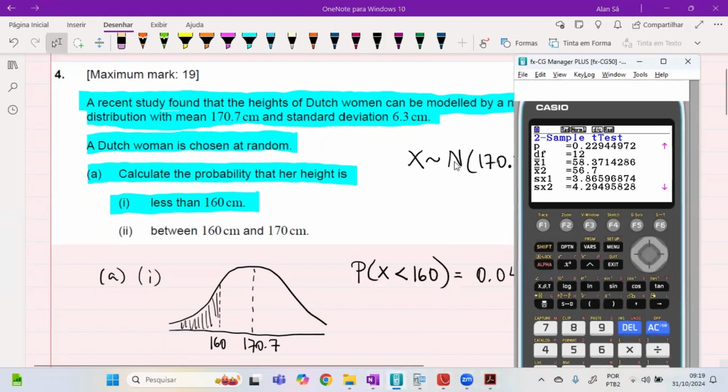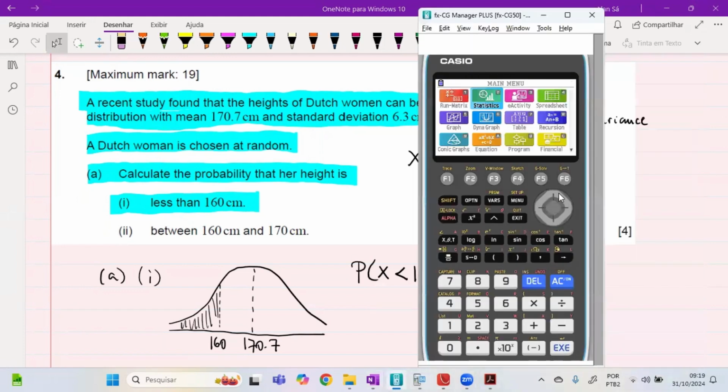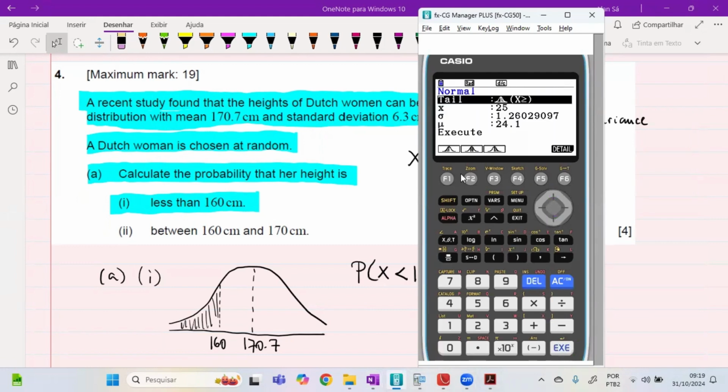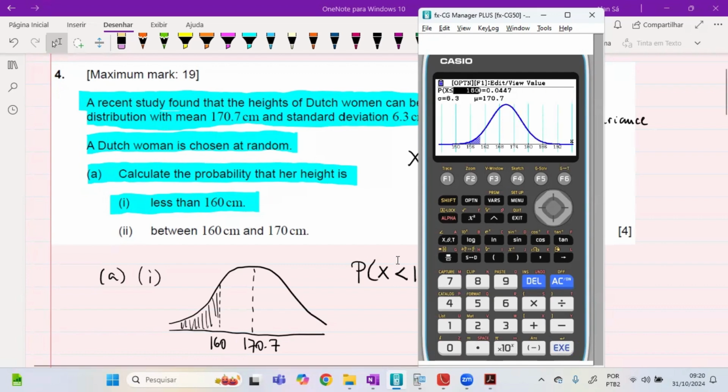On the Casio calculator, we go to menu, distribution, then normal, and select the right tail. The X value in this case is 160, standard deviation 6.3, and the mean is 170.7. Execute, and that's the probability.